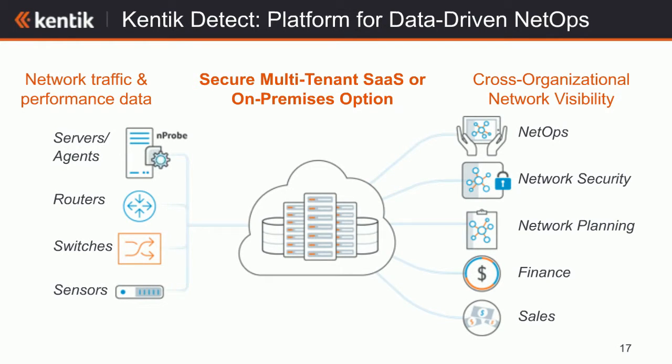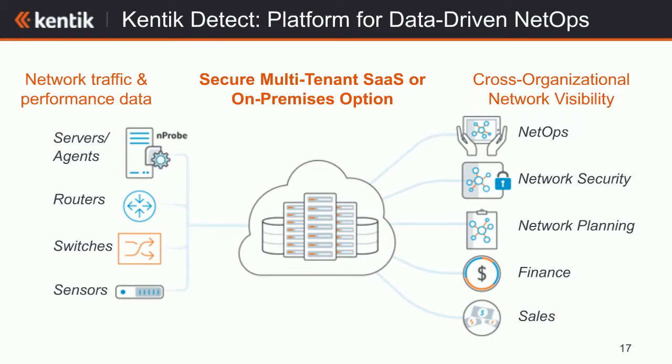Our platform, the Kentik Detect service that we offer, is a software as a service. We draw data out of network infrastructure, as well as servers and agents and sensors. We put them into a multi-tenant backend, which can also be deployed on premises as needed. And then we run regular analytics against that.